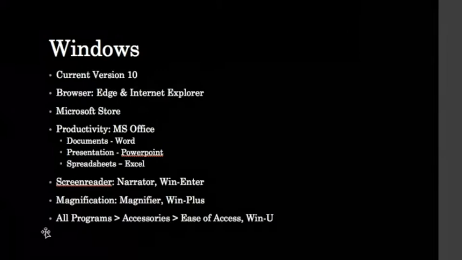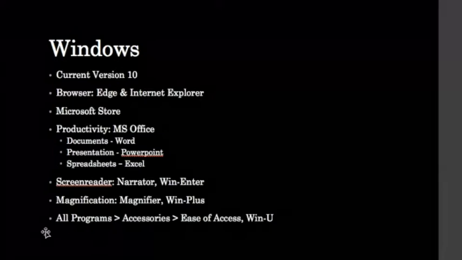Their productivity suite, although we've already talked about it, it's far from free, is MS Office. For documents, it's Word. For presentations, it's PowerPoint. For spreadsheets, it's Excel. Their screen reader is Narrator, and it is turned on by pressing the Windows key and Enter. Their magnification program is called Magnifier, and that is Windows key and plus.